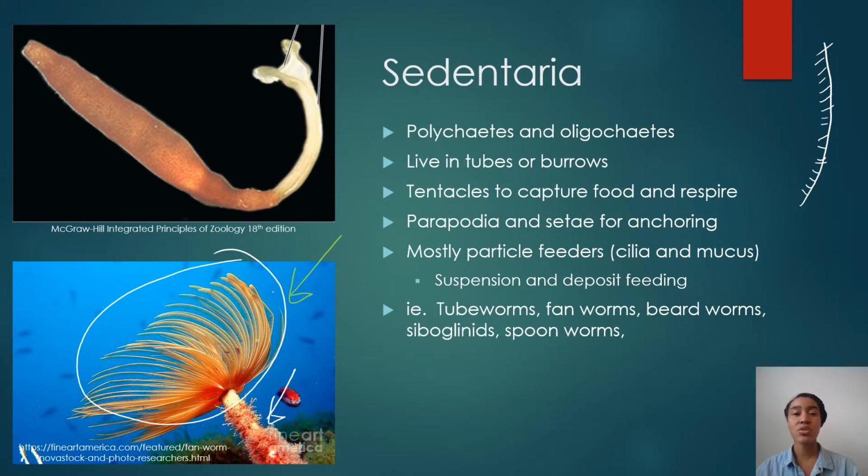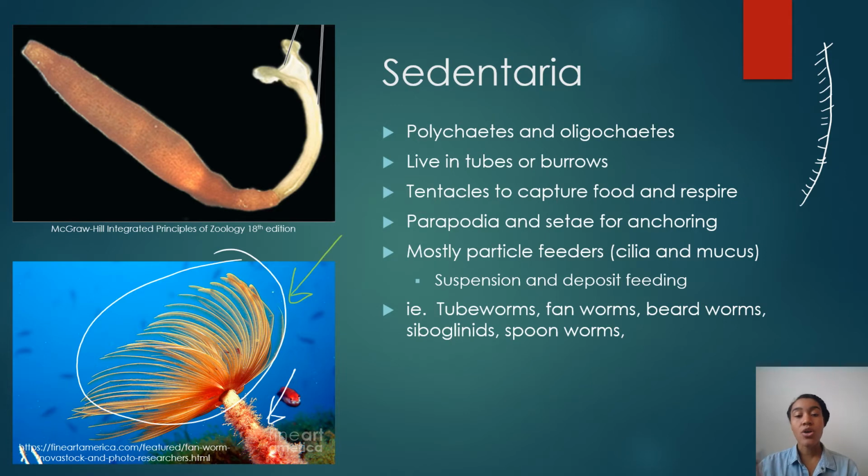So they're suspension or particle feeders. They put these tentacles out into the environment, and any type of detritus, small bits of matter that will stick to that mucus or stick to those cilia is then pushed to the mouth so they can feed. This is very similar to what we talked about in filter feeding in bivalves in our mollusk lecture.